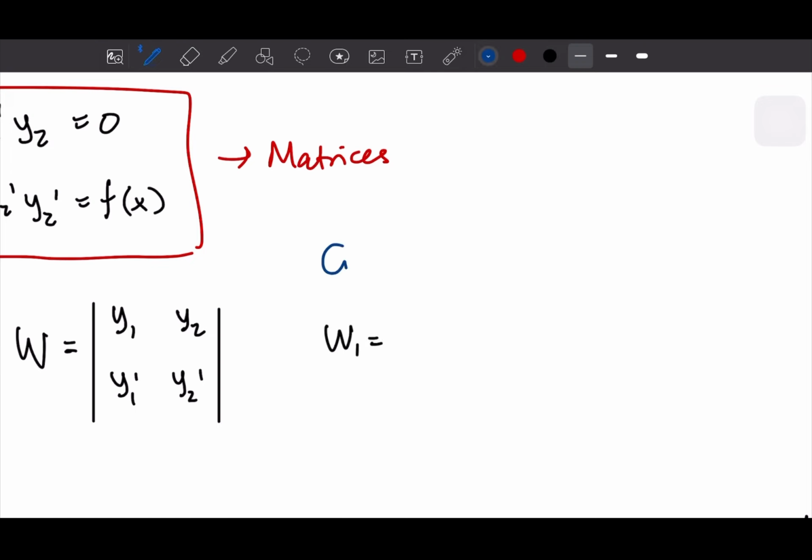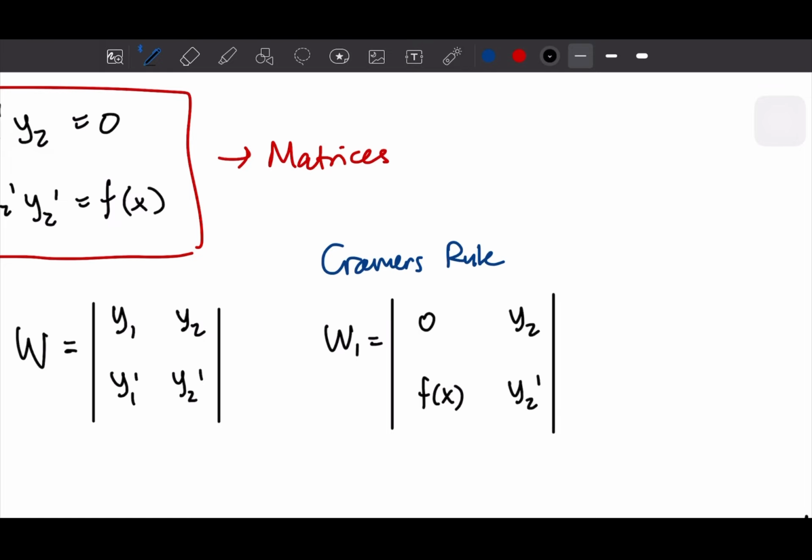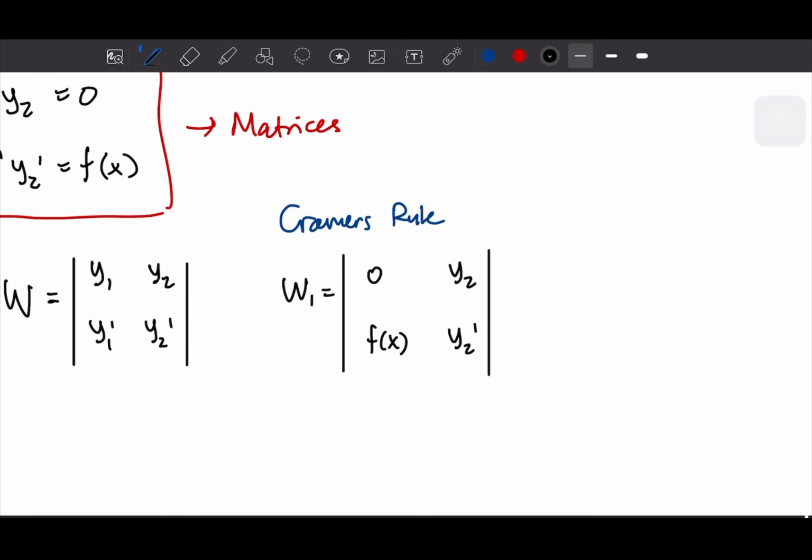It's called Cramer's rule. So 0, f of x, y2 prime. So just changing the first column. And you have W2, where you change the second column.